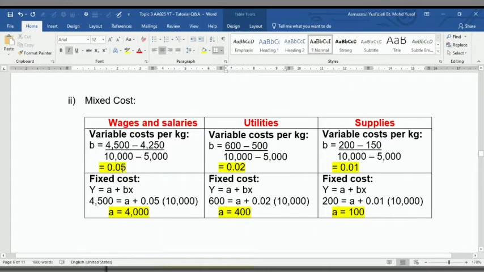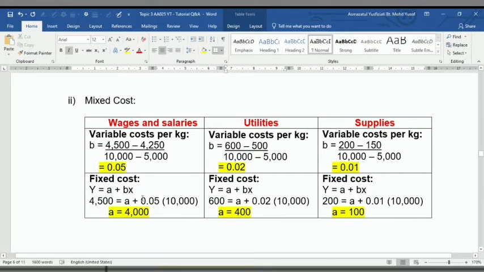Okay, after that you calculate the fixed cost using the cost function y equals to a plus bx. In this calculation, I take the highest activity. So y is the total cost, y equals to 4,500 equals to a, a is the fixed cost, plus bx.